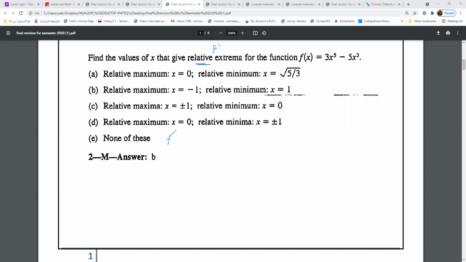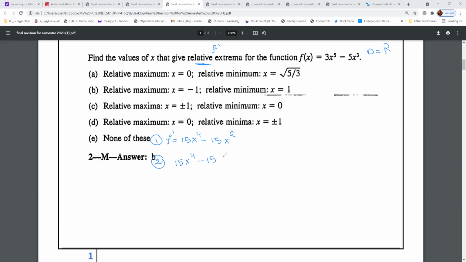The first step, as you know, is the derivative: 15x to the power 4 minus 15x to the power 2. You have to know what the domain is: all real numbers. That is the first step. Second step, we find the critical numbers. Since the first derivative is a polynomial, I find only the values at which the first derivative equals 0.